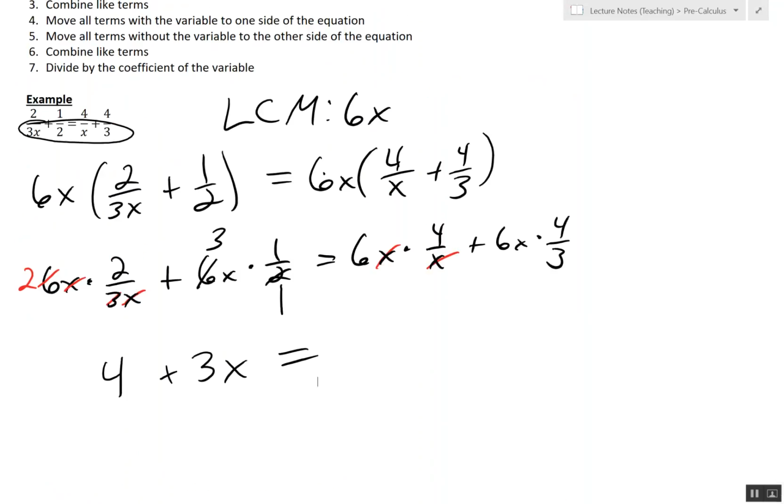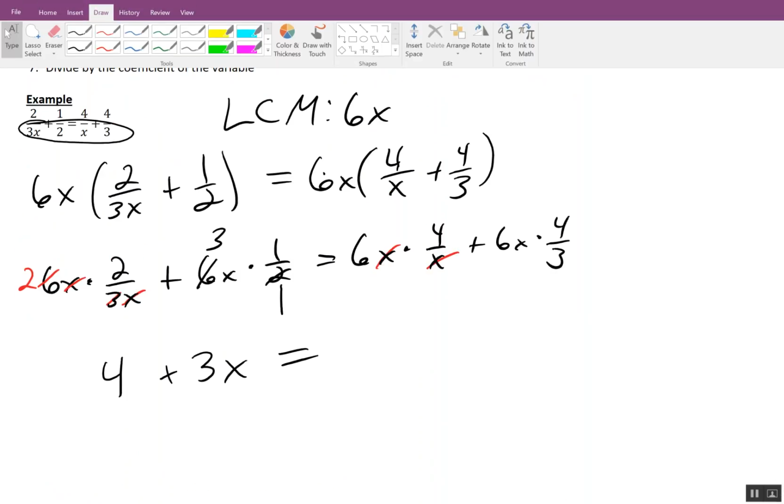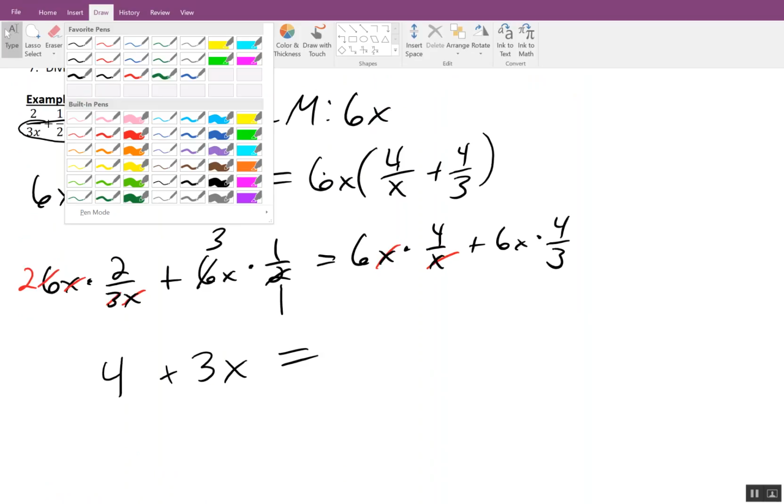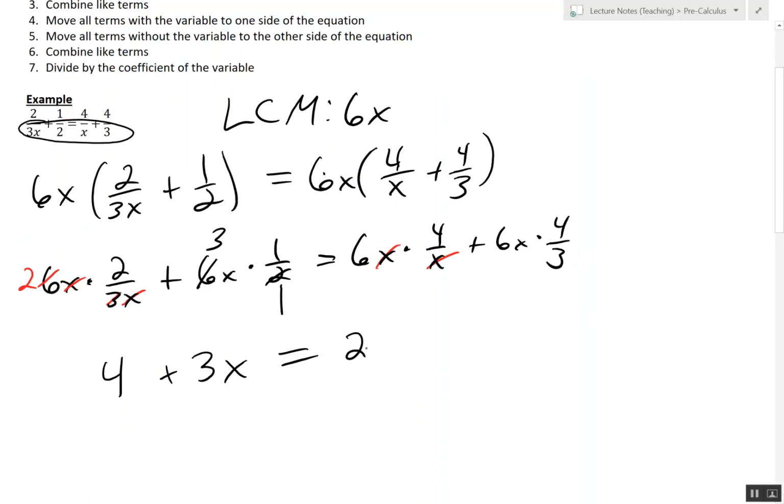And then the 3 goes into 3 once, 3 goes into 6 2 times, and 2x times 4 is, not 28, 8x. So we get 4 plus 3x equals 24 plus 8x.